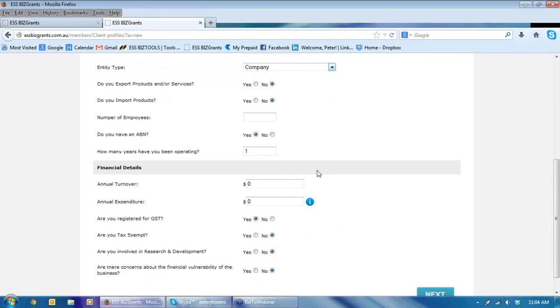Do you have an ABN? The grants within ESS BIZGrants have been included on the basis that they are suitable for small to medium enterprises.